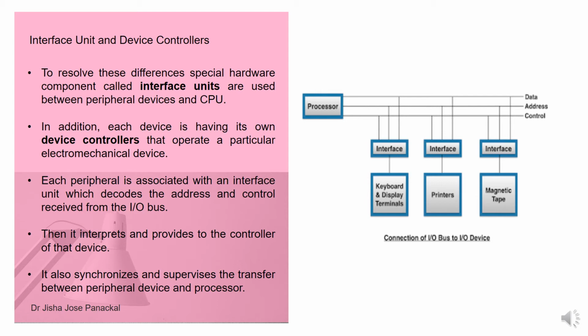Each peripheral is associated with an interface unit which decodes the address and control received from the I/O bus. For every I/O device we will have a separate interface unit. Then it interprets and provides this to the controller of that particular device. It also synchronizes and supervises the transfer between the peripheral device and processor.